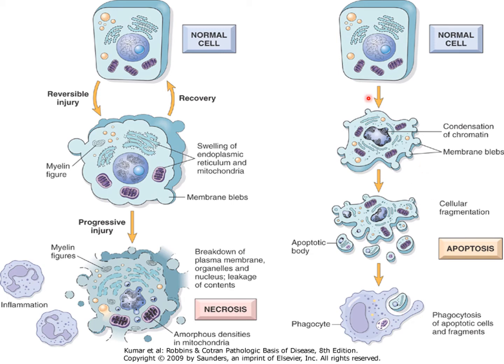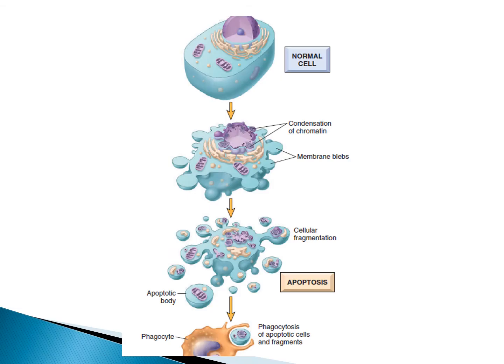So the main difference is that the cells are shrunken, the cytoplasmic membrane is intact, there is no leak of materials to the outside, and there is no intense inflammatory reaction. Apoptosis can occur in physiologic plus pathologic conditions, while necrosis is almost always pathologic. Again, the same applies here.